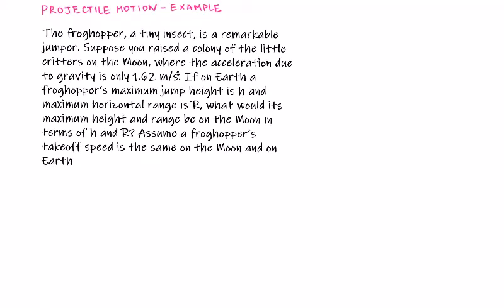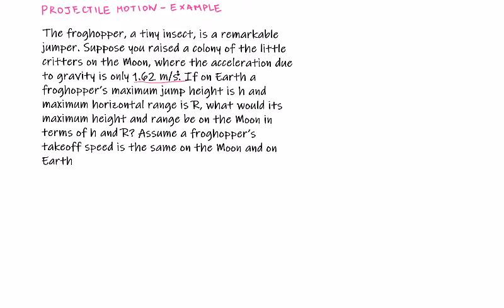The frog hopper, a tiny insect, is a remarkable jumper. Suppose you raised a colony of the little critters on the moon, where the acceleration due to gravity is only 1.62 meters per second squared.